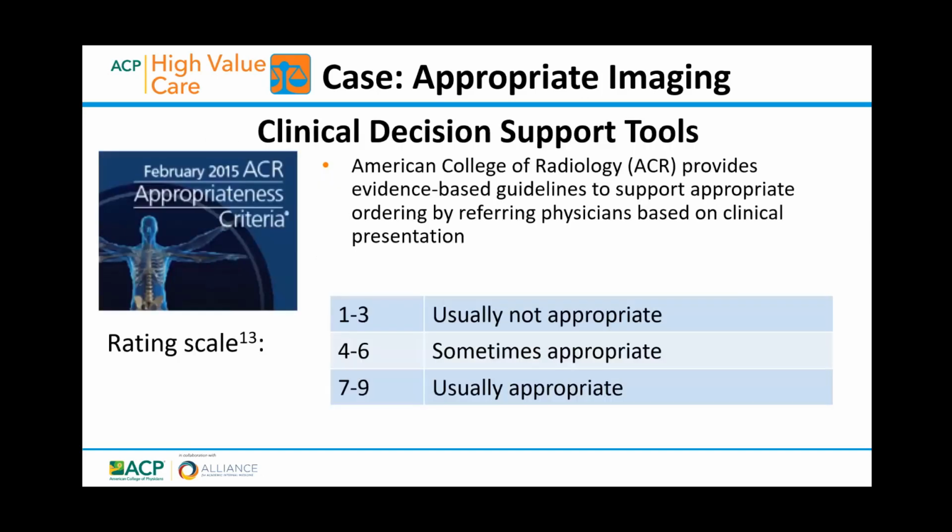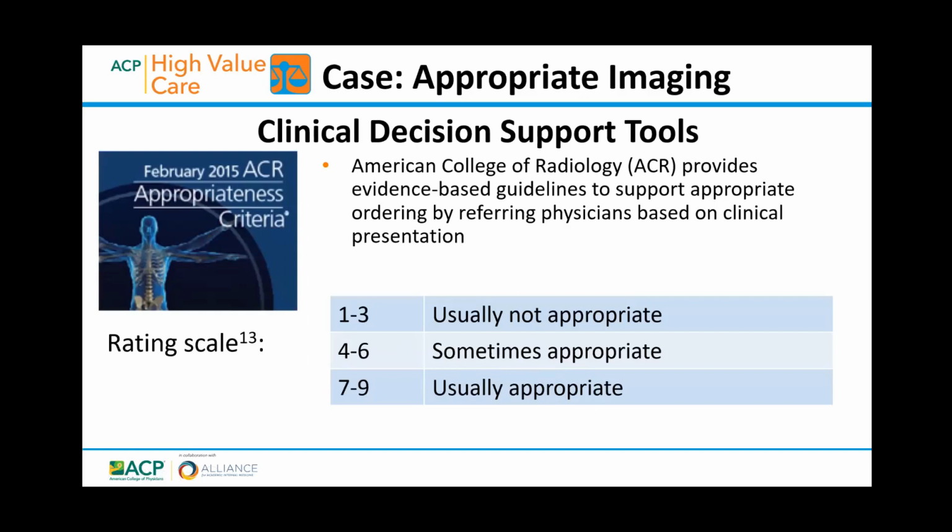When you're ordering a CAT scan, there's always that view where there's a bunch of numbers, and you might see this scale where it says usually not appropriate, sometimes appropriate, or usually appropriate for a particular indication, right?